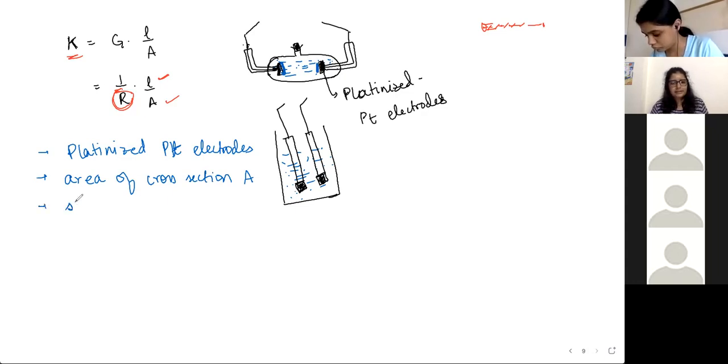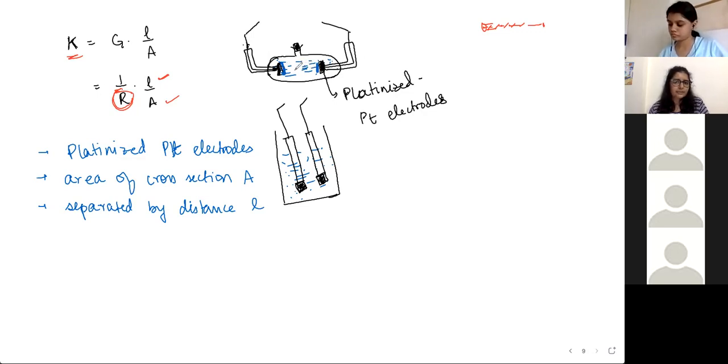And they are separated by a distance L. The length that the electron will have to travel is the distance between the two electrodes.